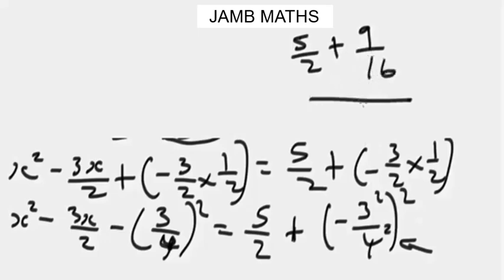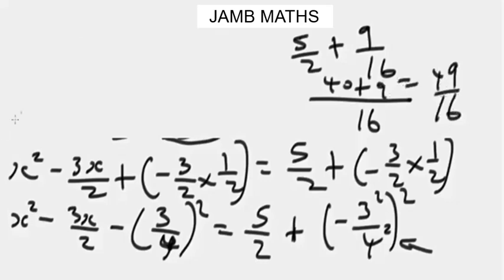So the LCM is 16: 8 times 5 is 40, plus 1 times 9 is 9. So we have 49/16 on the right.